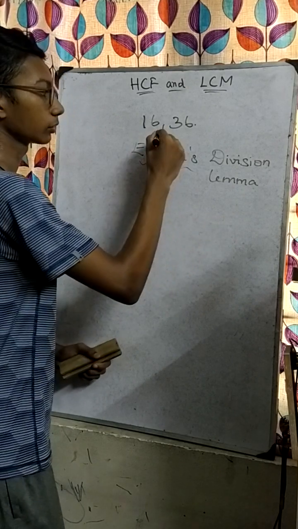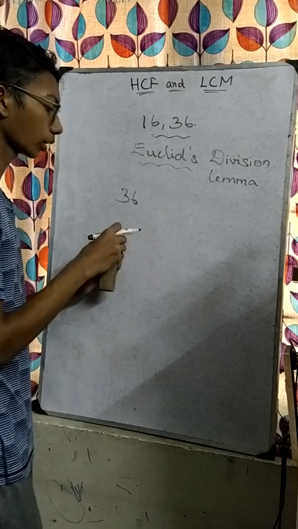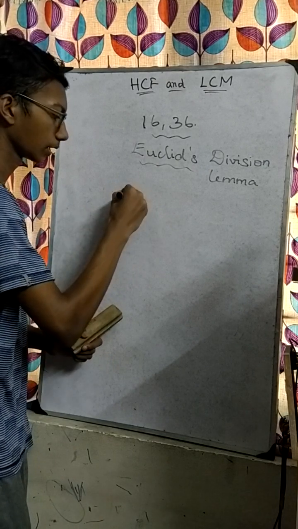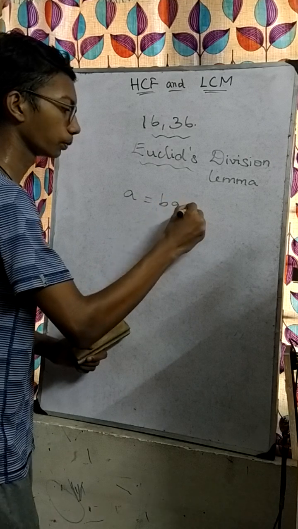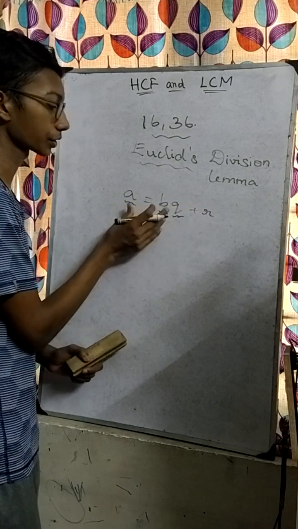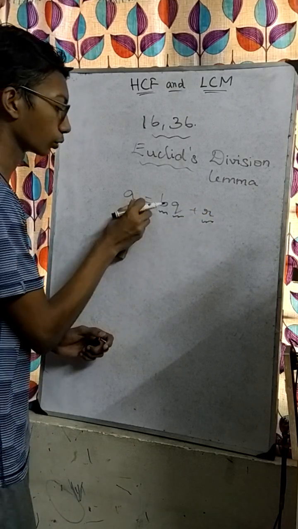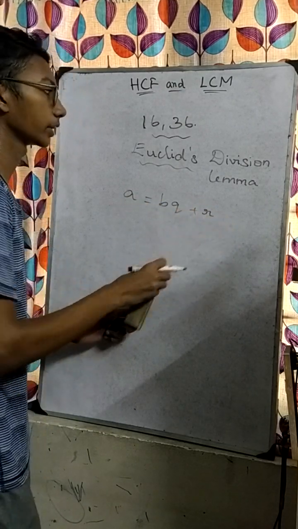We can also use that to find HCF. We will take the same two numbers. The formula is A equals BQ plus R. Here A and B are two numbers, Q is the quotient and R is the remainder. So we will apply this for finding HCF.